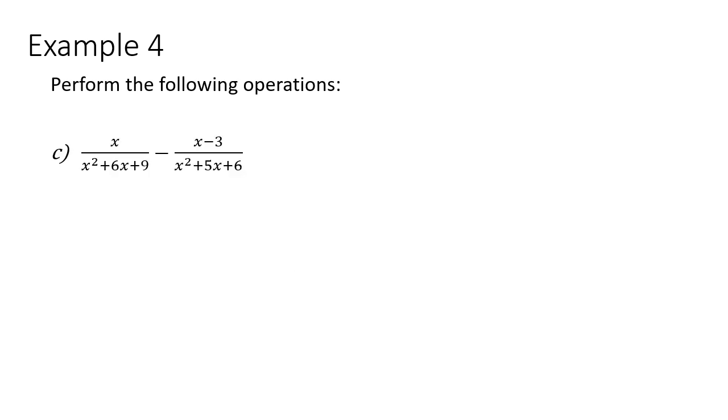So now let's try one with subtraction, but the idea is the same. There's just one thing you're going to have to be careful about with the subtraction, but we'll talk about that in a second. So to begin with, we've got to make sure we get a common denominator, because once again, these denominators are not the same. So we're going to start by factoring the denominators to see what factors we're working with.